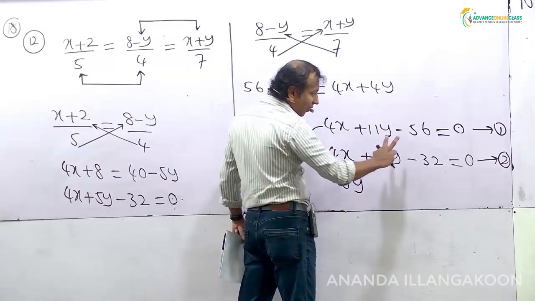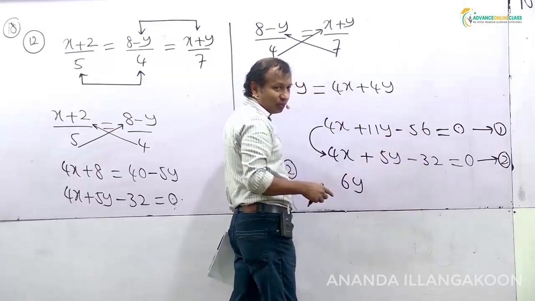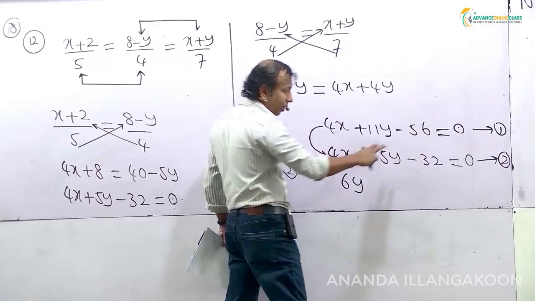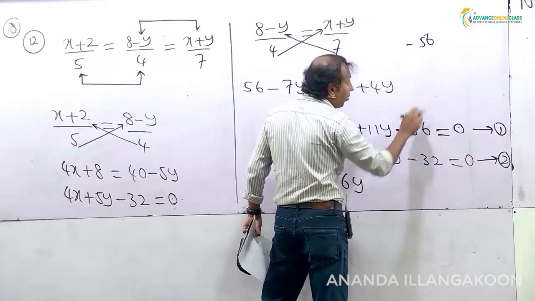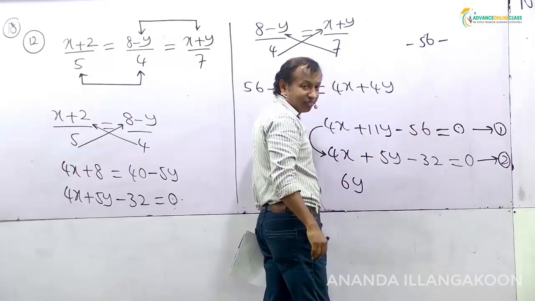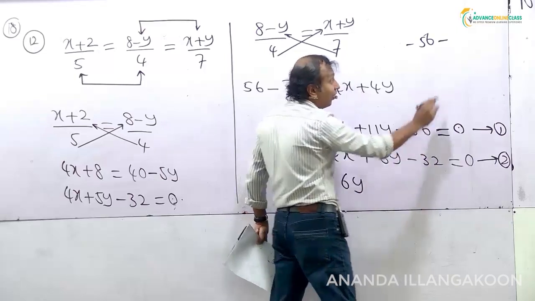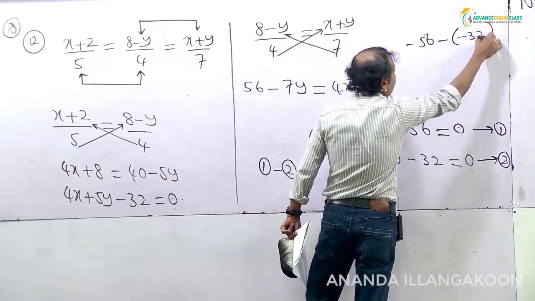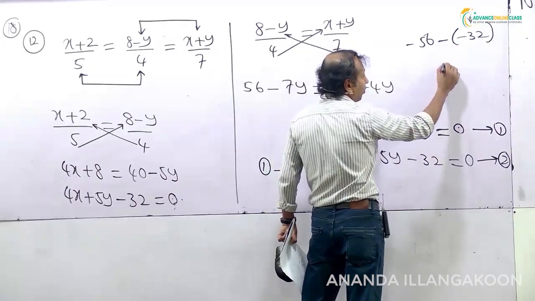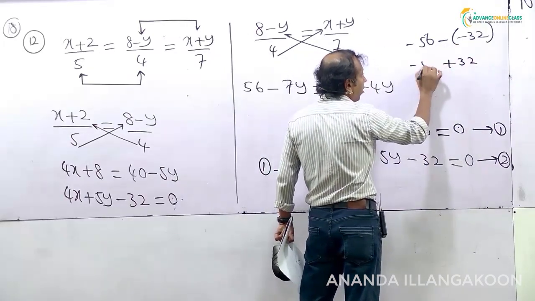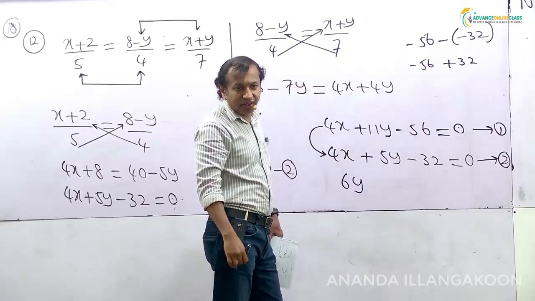Then minus 56 minus 32. There you have to be very careful. Minus 56, from this we subtract what? Not just 32, minus 32. Within the bracket, when you write minus 32, this minus and this minus make plus 32. Here minus 56. What is the answer?